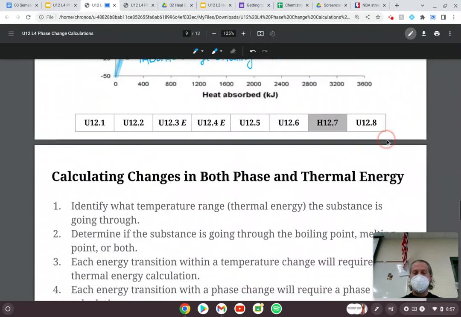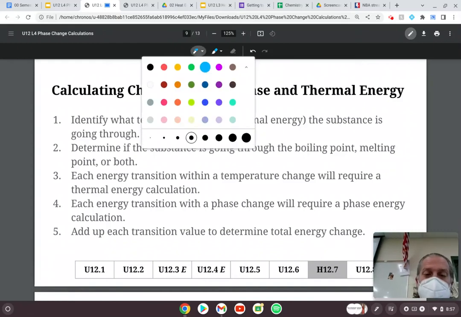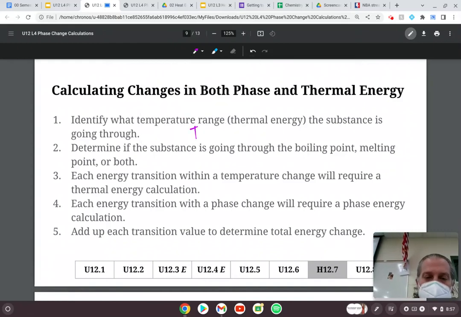So, lots of energy. When we are doing these problems, we're going to be going through a series of steps. First, you have to identify the temperature range, that is the thermal energy that the substance is going through. What we're really looking at here is the T initial versus the final temperature.